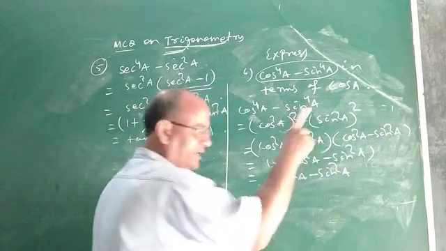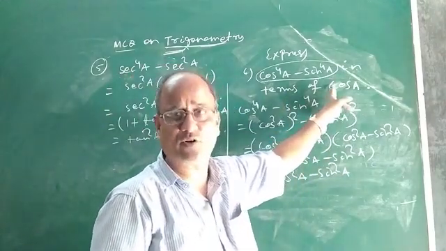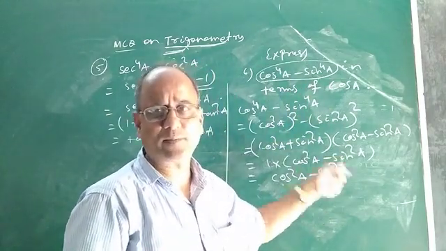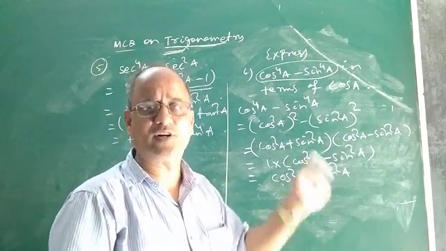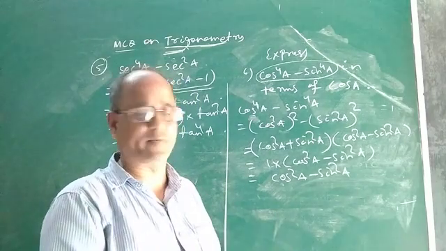Now, what is our aim? Our aim is to express this expression only in terms of cos ratio. Here there is still a sin, and you know how to express sin^2 A in terms of cos^2 A. Sin^2 A is equal to 1 minus cos^2 A, because sin^2 A plus cos^2 A is 1. We know this trigonometric identity.